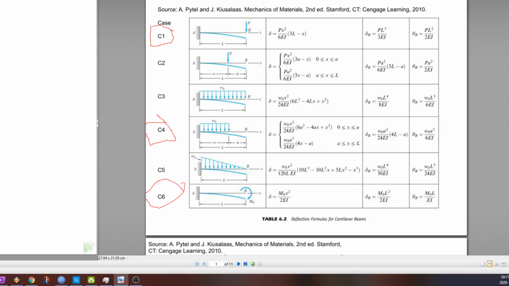And again, the one thing I want to keep in mind here is that you want to ensure that when you're looking at these tables you translate them to your coordinate sign conventions.